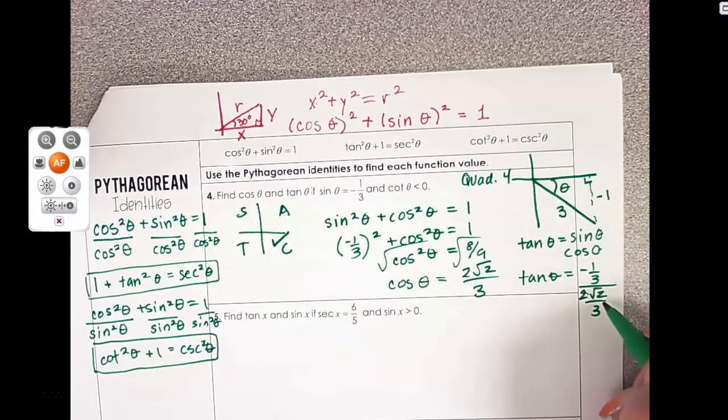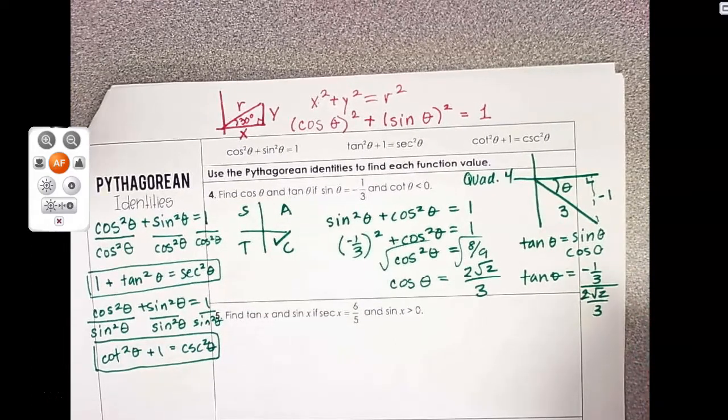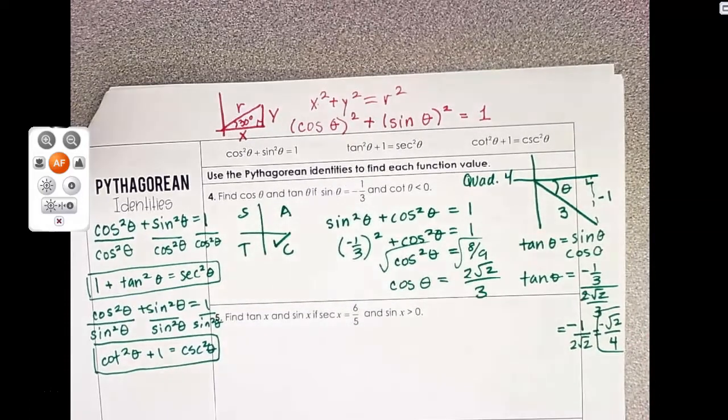And if I keep switch flip, I am going to end up with my tangent is negative 1 over 2 root 2. So I multiply both top and bottom by root 2, and I get negative root 2 over 4. So that's my final answer for the tangent.